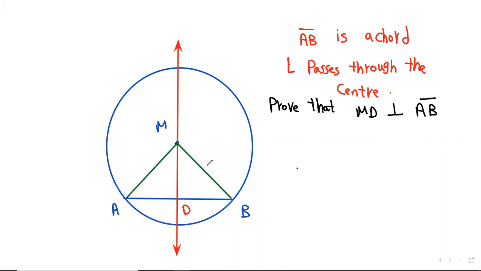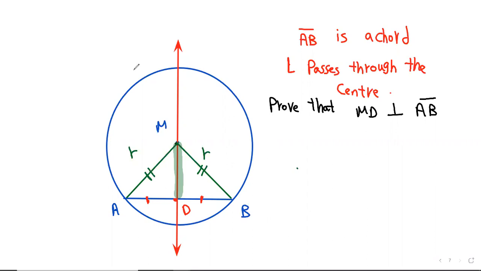So here we have MB. MB is a radius in the circle, and MA is a radius in the circle. So they are equal. And MD here is a common side between the two triangles. And the point D is the midpoint of AB.